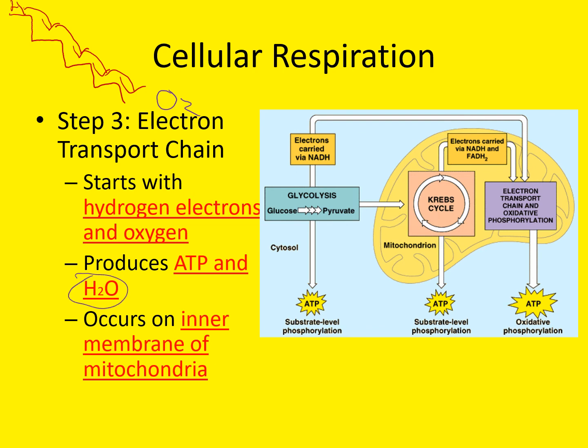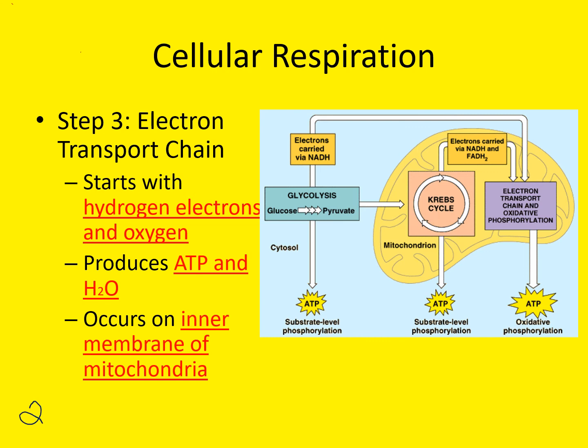So in the case of glycolysis, we start with sugar. And glycolysis takes that sugar and breaks it down. And when it breaks it down, it's going to make 2 molecules of ATP, and it's going to make pyruvate.